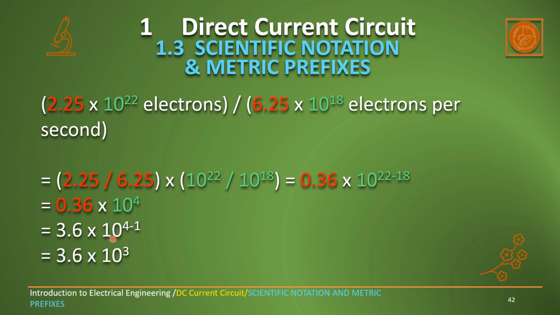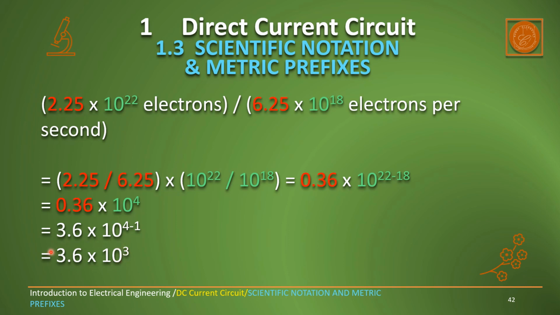So this should be changed to 10 power 4 minus 1. So we get the standard scientific notation: 3.6 times 10 power 3.